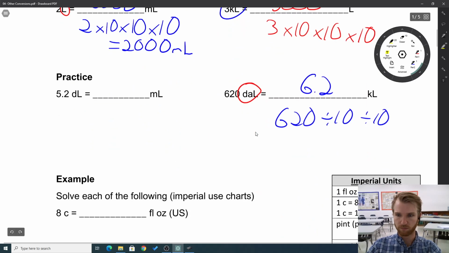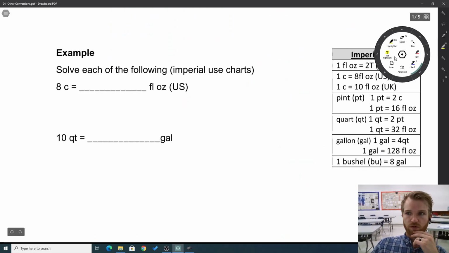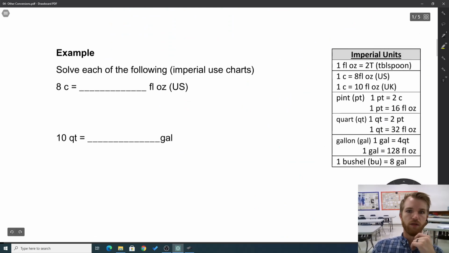It's the exact same system. If we're talking now about the imperial system, they have all kinds of different conversions that we have to use. You will want to get a bit familiar with what these different abbreviations mean. FLOZ means fluid ounces.